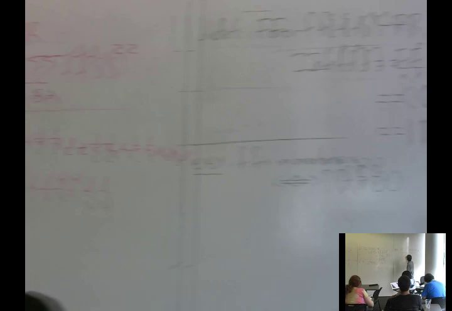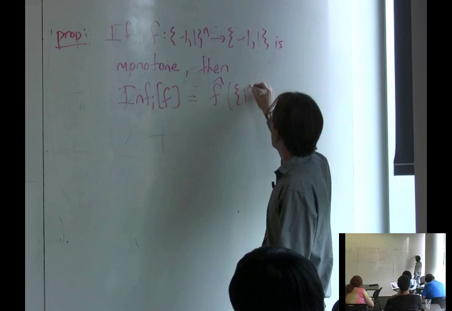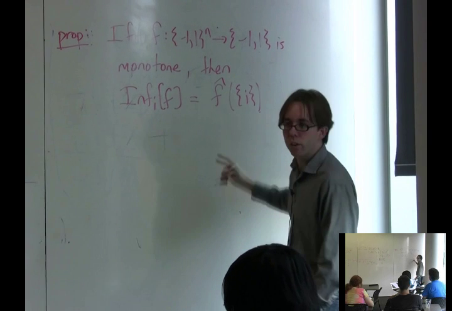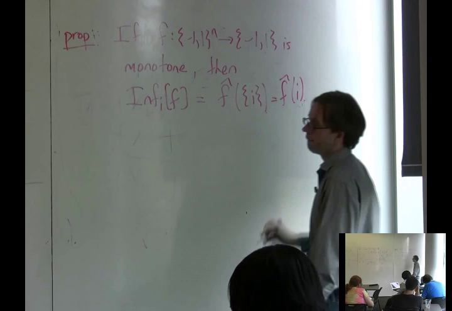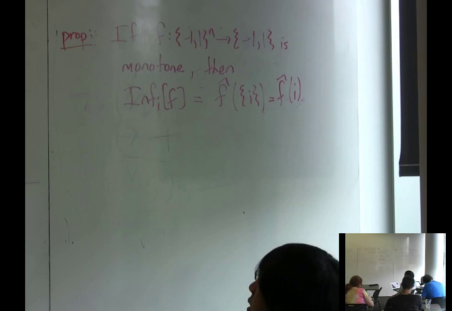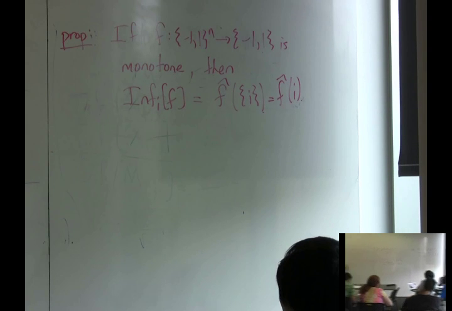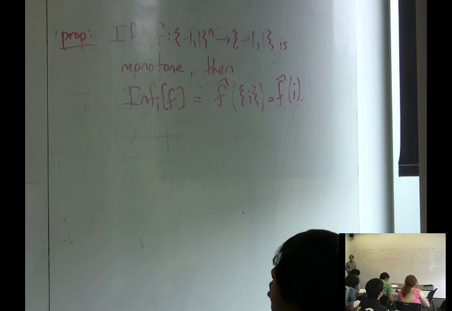The ith influence is just equal to one of the Fourier coefficients, namely the one on the singleton set i, which I'm going to start writing as just f hat i. And that actually jives with this. Majority is monotone, and it's claiming that the influence on the first coordinate is also just this number, which is correct.